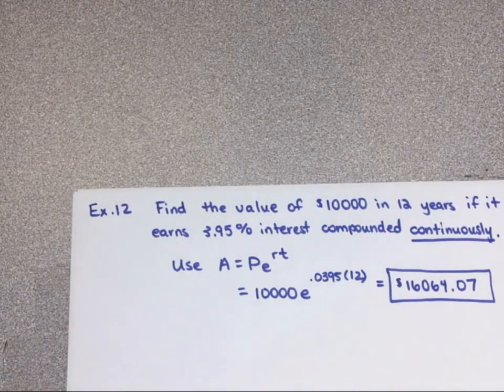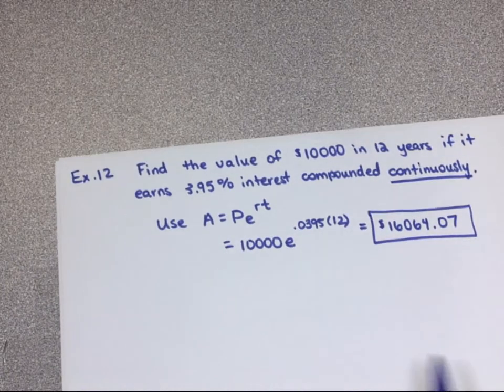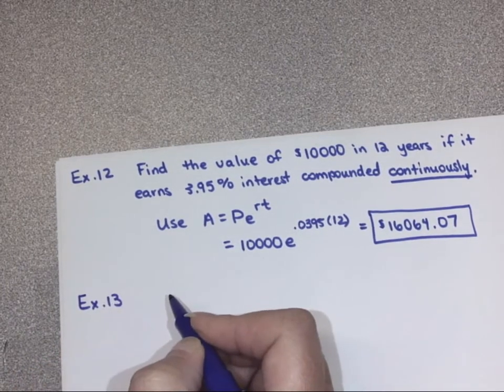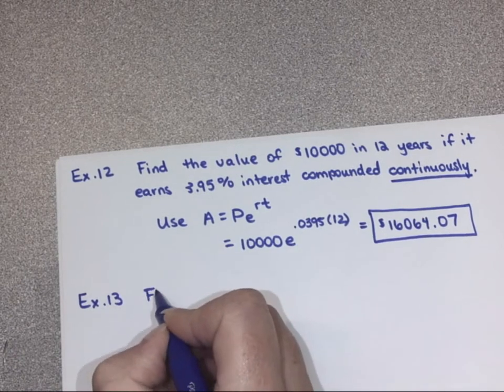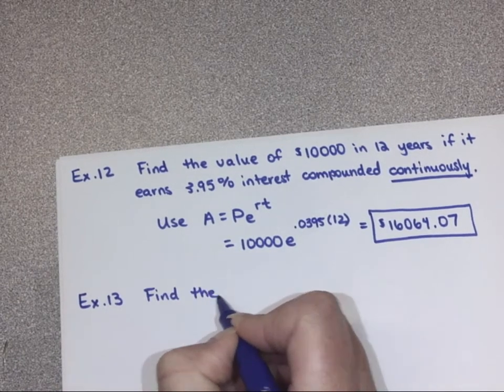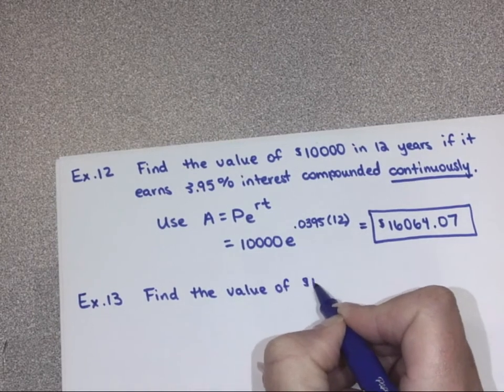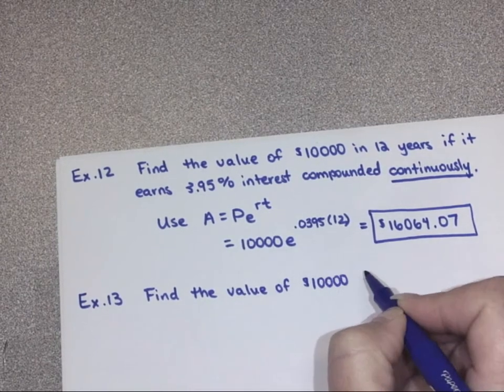All right, so let's look at one where we have the same original dollar amount. Let's find the value of 10,000 again.